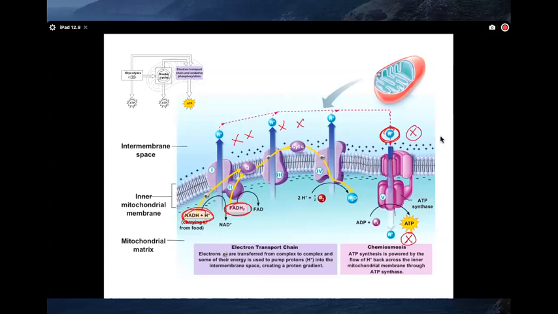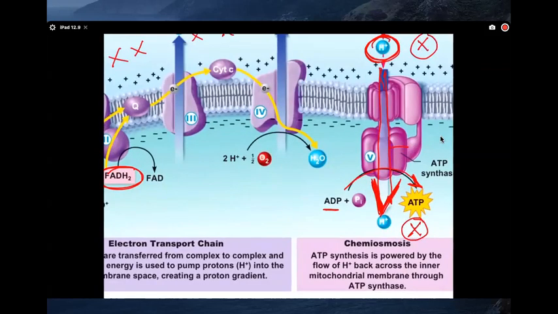This transport of the protons from outside to the inside of the mitochondrial matrix is what allows the rotational movement of the ATP synthase that allows you to build a high energy bond between the ADP and the inorganic phosphate, producing the ATP.